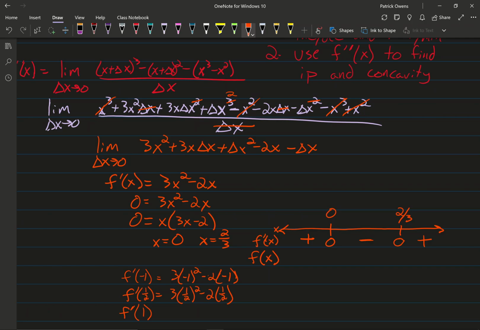Now we can move on to step 2. So we'd write that the function is increasing on the interval -infinity to 0, and then also on that interval from 2/3 to positive infinity, it is decreasing from 0 to 2/3.